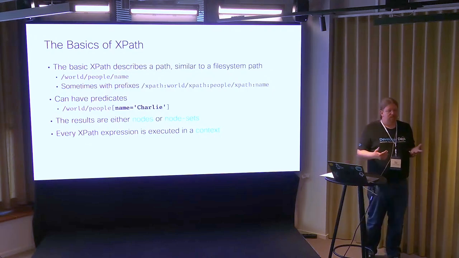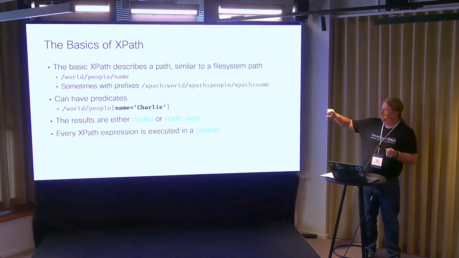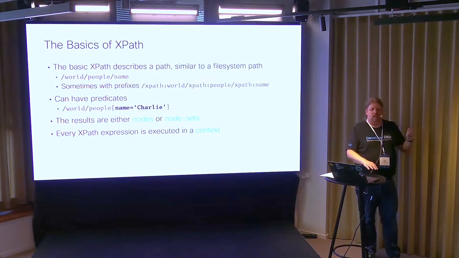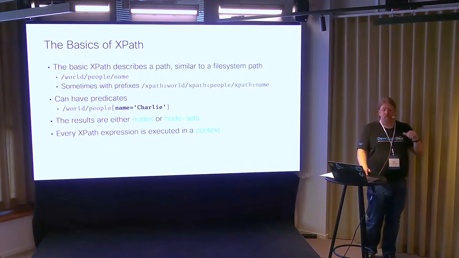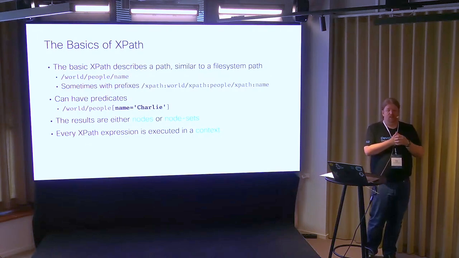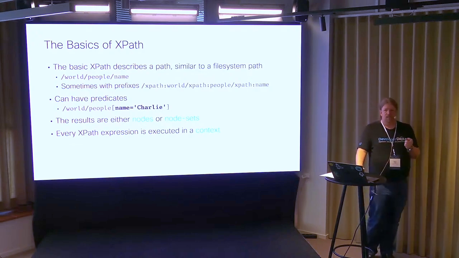But what makes it very different from a file system path is the predicates. So in this case, right, you have the name has to be Charlie. Within square brackets, you have these sequences of constraints on the path. And the result of an XPath evaluation is always either a node or a node set. I don't think people think about this enough, that you essentially have two different data types.